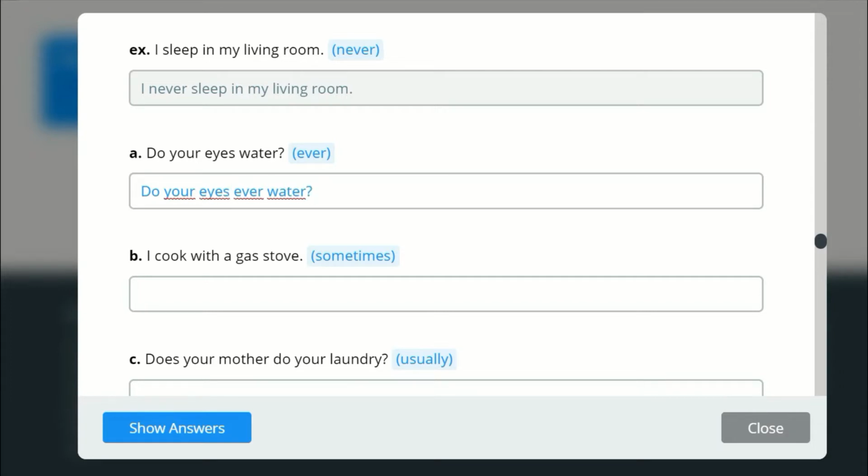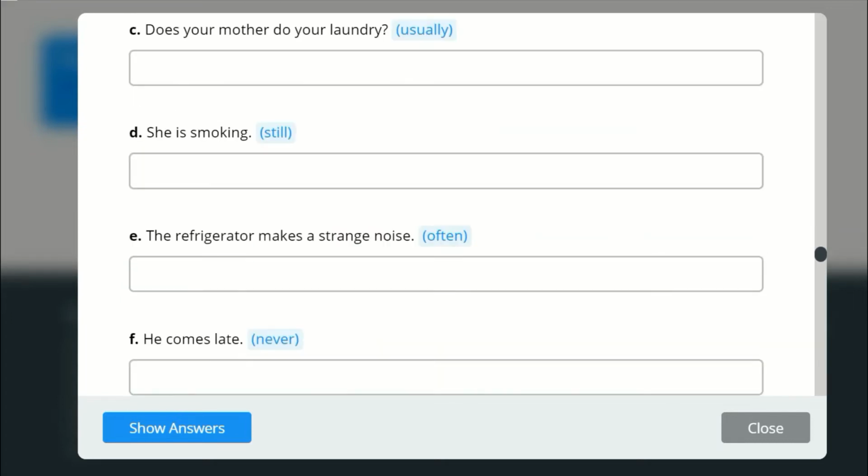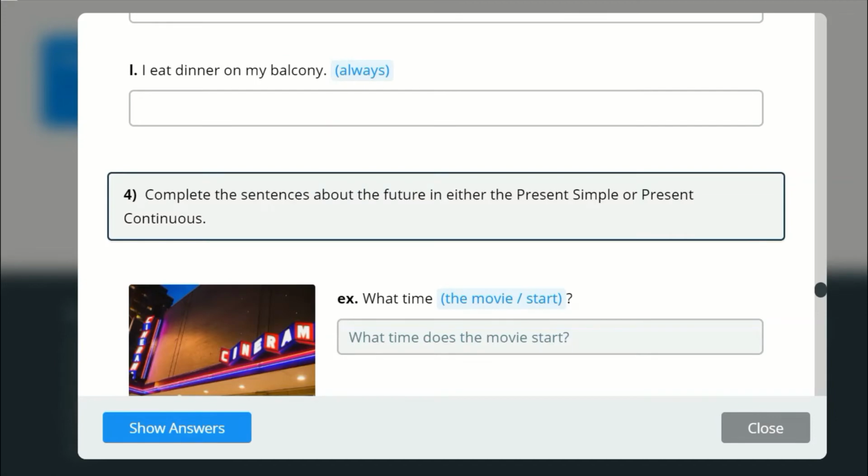Remember that here we have to start with a capital letter and we have to use the question mark, ¿ok? Cuando hacemos preguntas hay que iniciar con mayúscula, terminar con el signo de interrogación, y cuando son oraciones positivas o negativas hay que iniciar con mayúscula y usar el punto al final de cada oración.